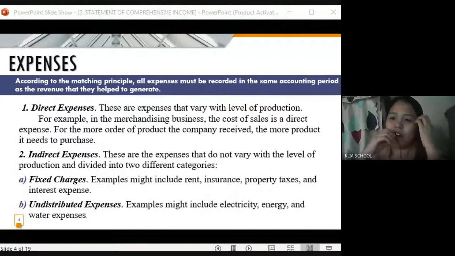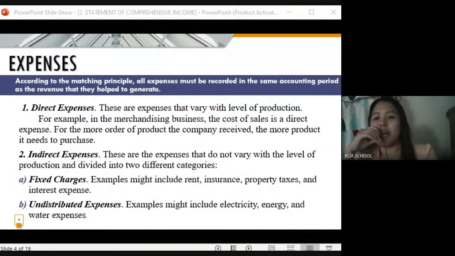For example, sa cost of sales, kumbaga literally, direktang pumasok sa iyo. For example, sa grocery, pag nagbayad tayo, direct expenses po ang tawag doon. So, for the more order of product the company received, the more product it needs to purchase. Ibig sabihin, pag kunwari sa isang company, mas marami ang kailangan nating gawin na product, mas marami din yung magiging purchase natin, kasi syempre, materials na ginagamit natin.